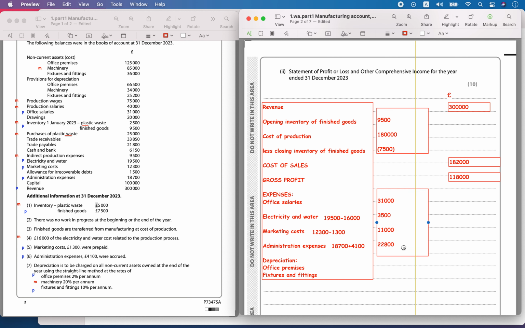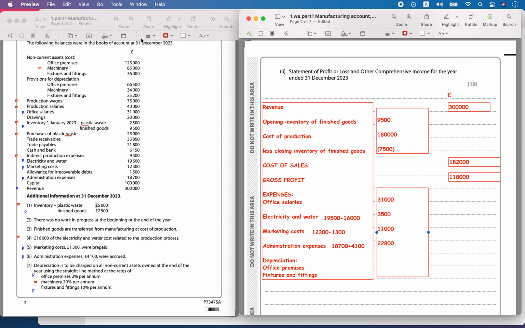Now let's calculate the depreciation charges. The depreciation charge for the office premises was 2% per annum, straight line method.